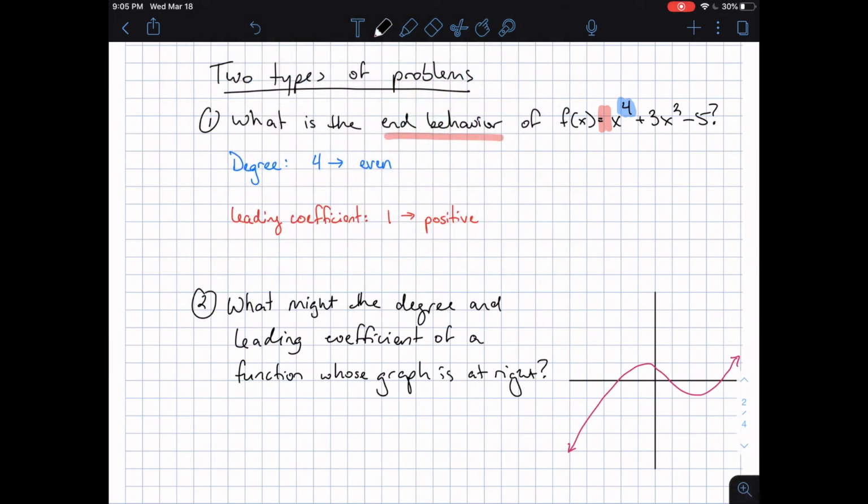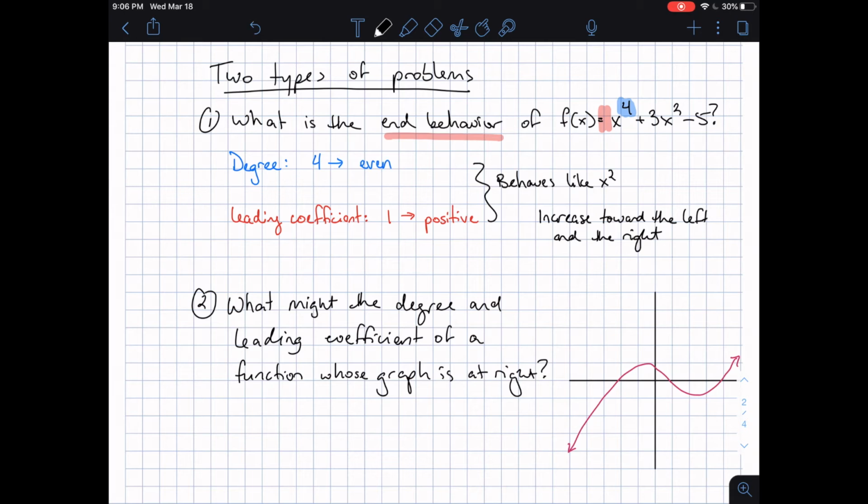So it's going to behave a lot like x squared, and that tells me it's going to increase toward both the left and the right. It's the same on both sides. So I could ask you a problem like this: here's the function, tell me the end behavior.